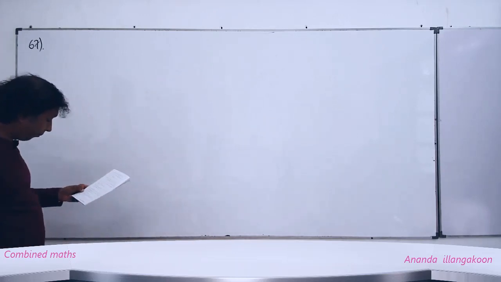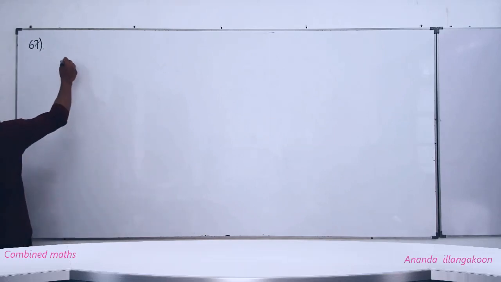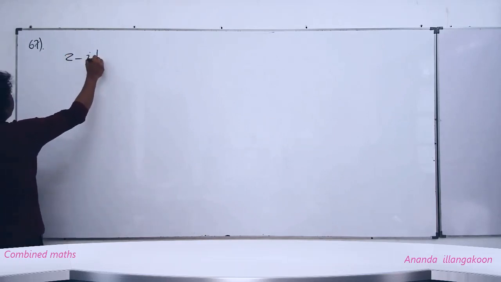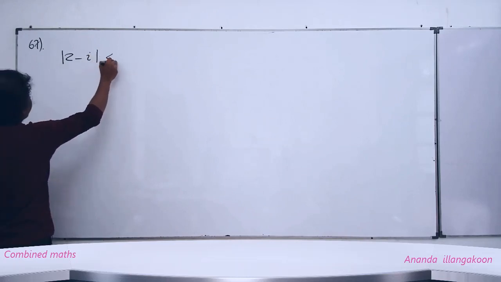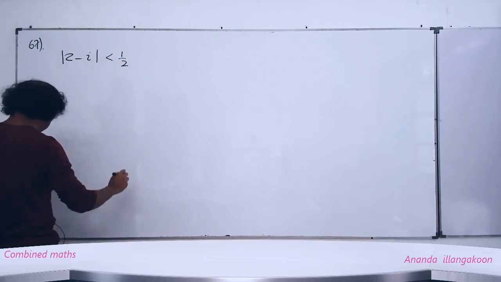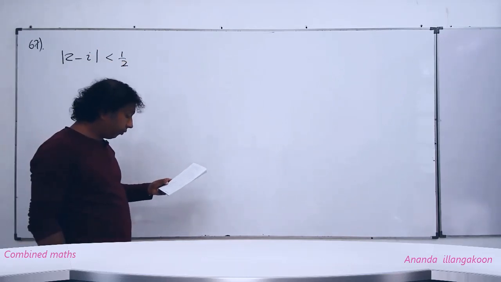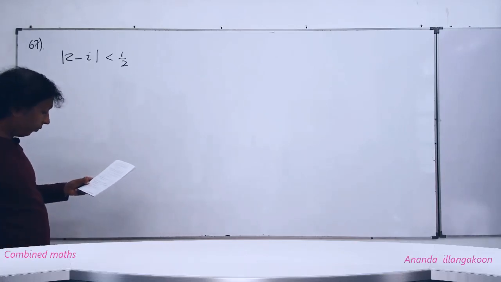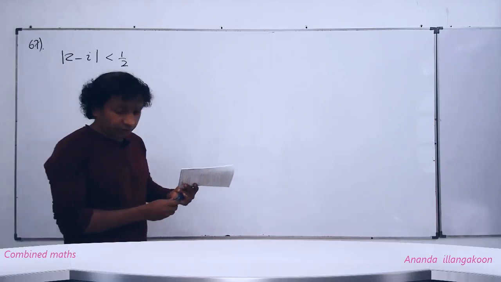Now, people, you are given the next one like this: mod of Z minus i less than half. Then it asks you to show that mod Z is less than 3/2 and greater than half. Try to prove that, people.